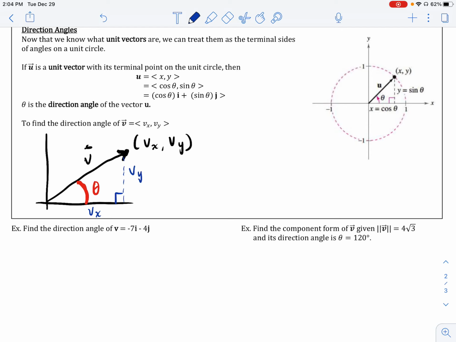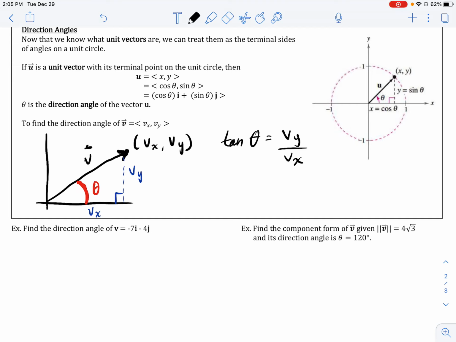Just kind of pause the video and ask yourself, how would I be able to find theta here? What can I use? And the answer, hopefully, that you came to is trigonometry, specifically the tangent function. We can say that the tangent of our angle theta is equal to our opposite over our adjacent, or our vertical over our horizontal, or as we would write here, v sub y over v sub x.